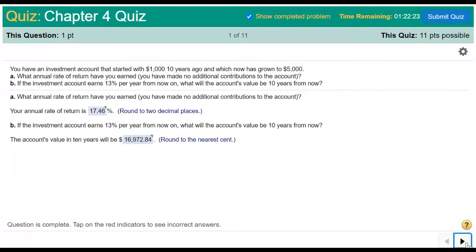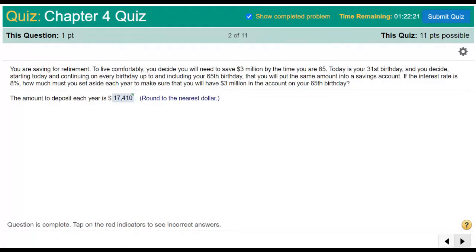All right, now let's move to this one. This one I explained to everyone that you have to add 1 to the number. So 34 is 35, right? We talked about that. It's saying your 31st birthday and you're 65. So here, N is going to be equal to 35.